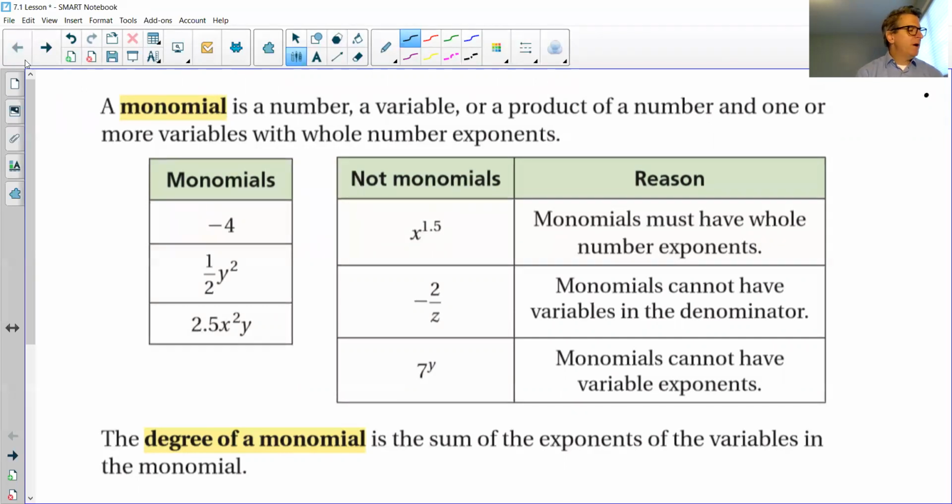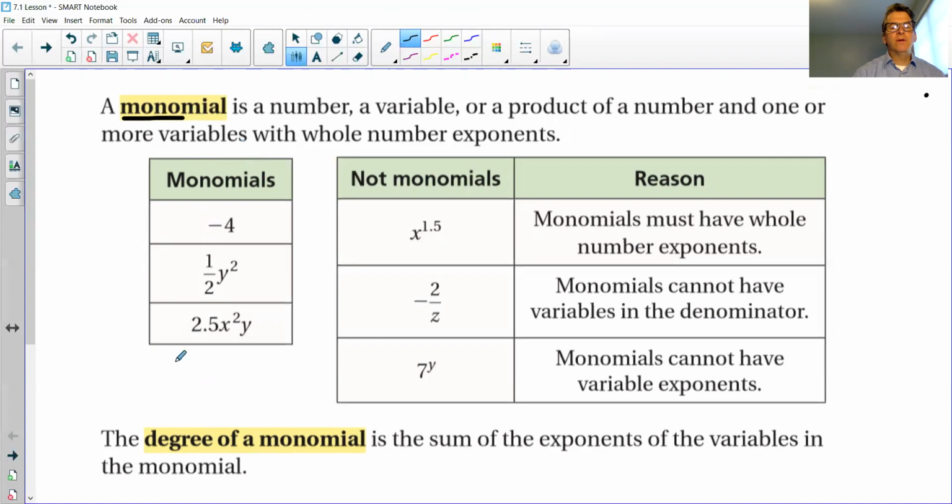Okay, the main part of a polynomial is a monomial. A monomial is a number, a variable, or a product of a number and one or more variables with whole number exponents. Okay, so a monomial is a special name, and it's got "mono" in it.